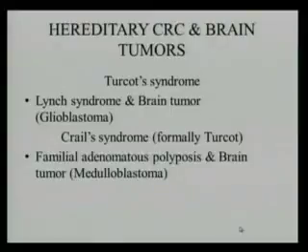So these are a couple of syndromes where hereditary colorectal cancer can be associated with brain tumors. Turcot syndrome is basically Lynch syndrome with brain tumor, mainly glioblastoma. There is another syndrome associated with familial adenomatous polyposis. I added it here so we can memorize it. It used to be called Turcot syndrome, but now a lot of people call it Crail syndrome.